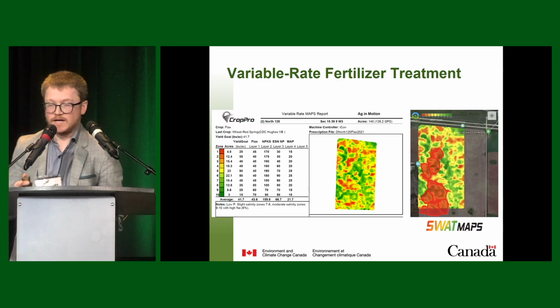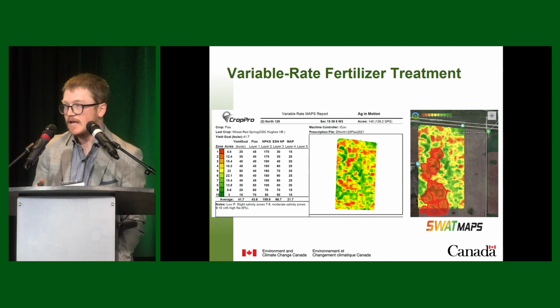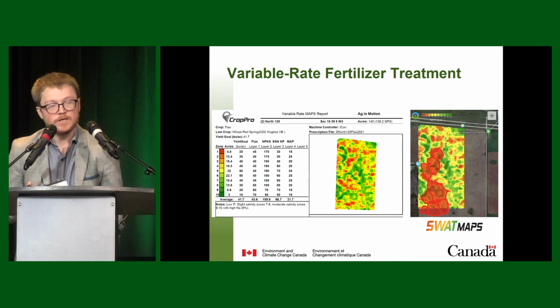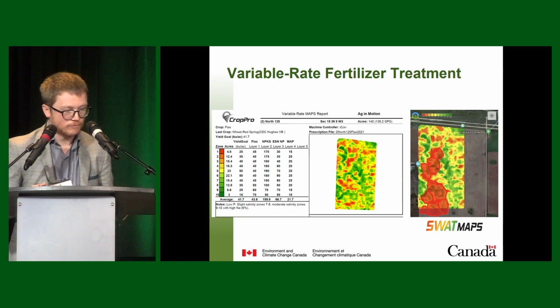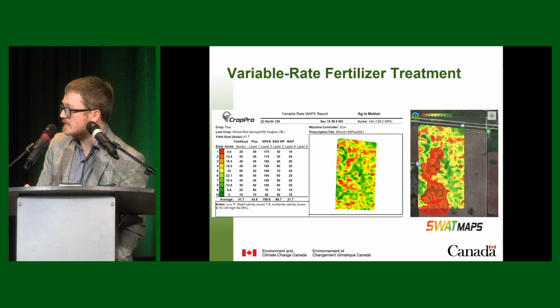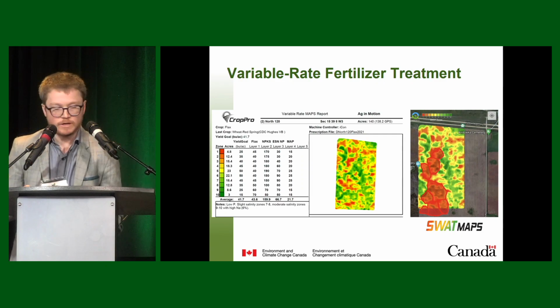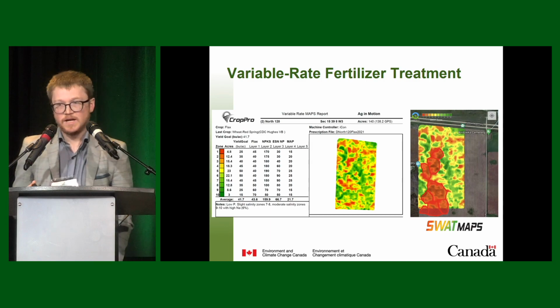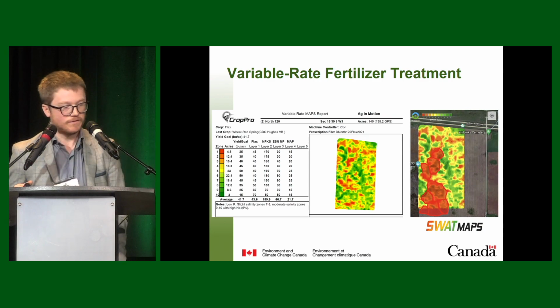And so just to demonstrate the mechanics behind the variable rate fertilizer treatment, we're fortunate to be working in collaboration with Croptimistic Technology, utilizing SWOT maps as a basis for informing those variable rates. What we can see in the middle image is their system of delineating 10 management zones within the field, which are related to different topographic positions, and then also recognizing how electrical conductivity varies across the field.